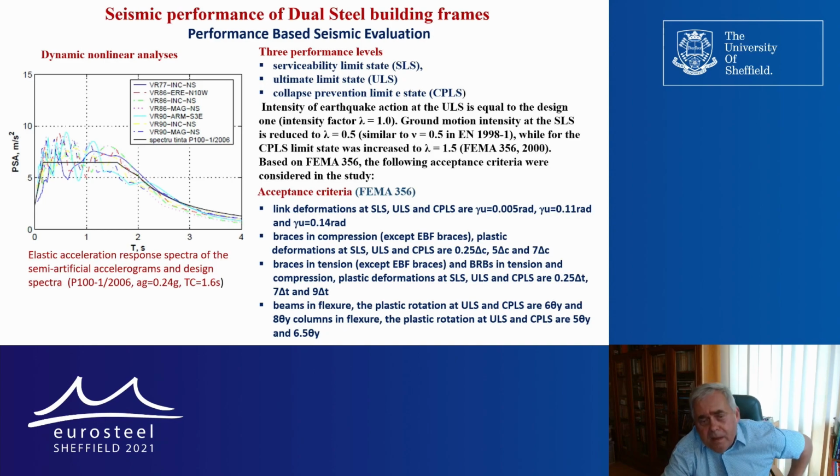And also we have used some acceptance criteria, which means the minimum plastic deformation capacity which must be supplied by the ductile members, and the ductile members are the link deformation in eccentrically braced frames, the braces in compression, and the braces in tension in case of centrically braced frames, and the beam in bending in all the cases.